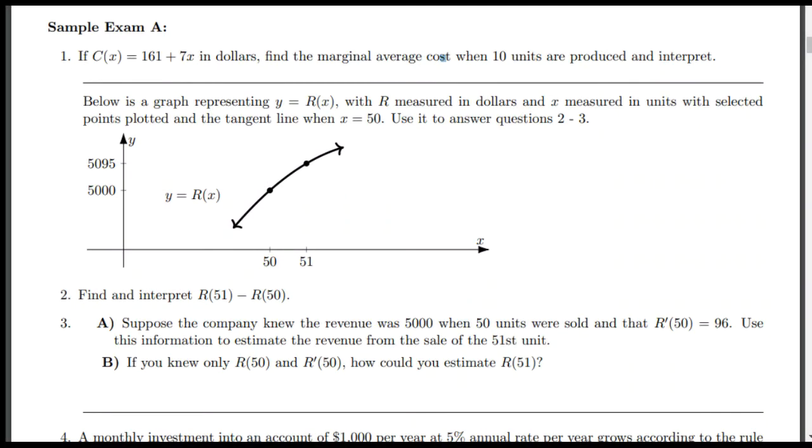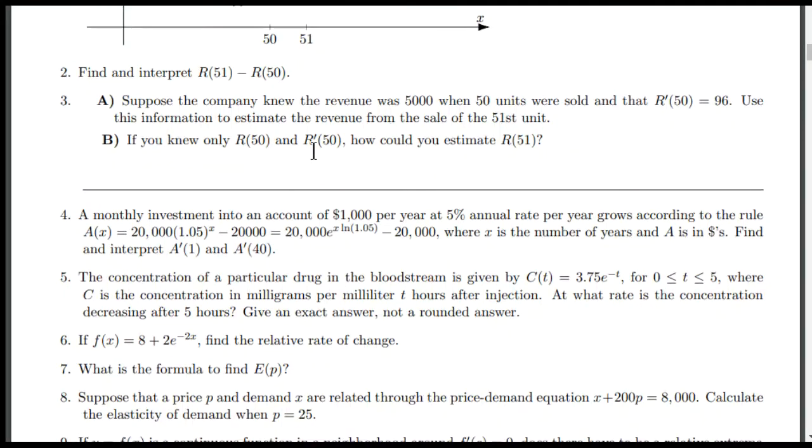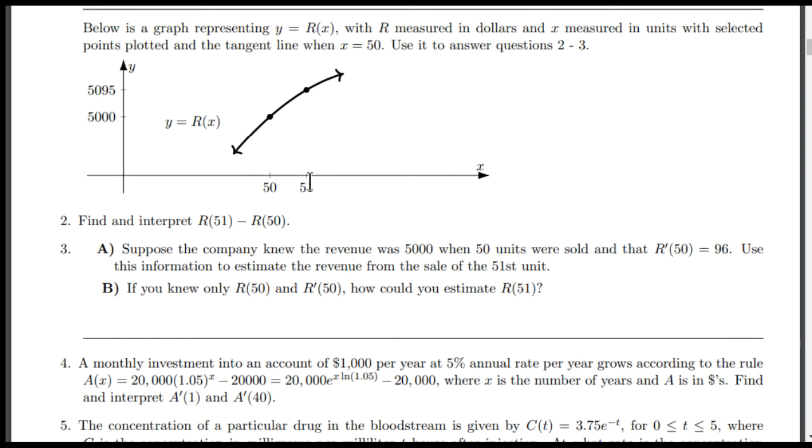Okay. It's a real important estimation tool to understand, so looking at this graph and questions 2 and 3, that's what I want to do now. So when you're looking at this graph, the difference between these two x values is just 1, right?